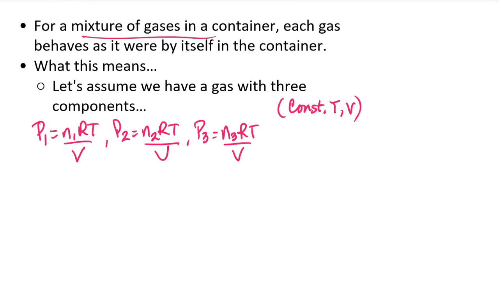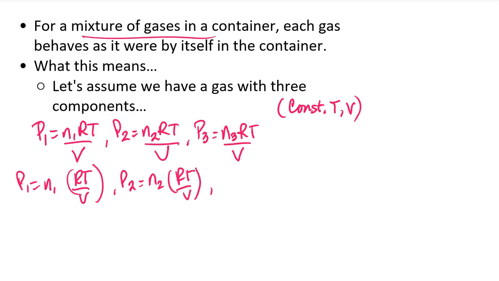So that means I could, in theory, collect the RT over V terms as a constant and factor those out so that I could express each of these pressures as the number of moles times that constant that we get when we multiply R times T over V.